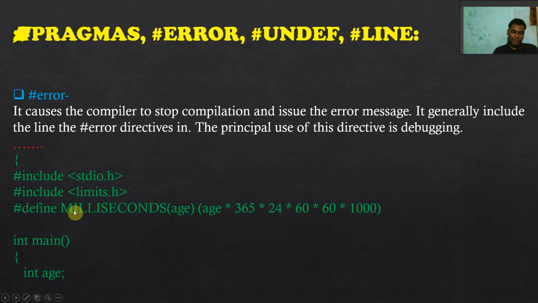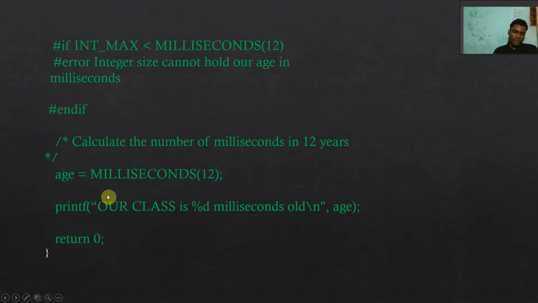If we see an example of this one, we have used the define preprocessor to define a constant. Here we have: if integer max is less than the milliseconds constant, error: integer size cannot hold that many milliseconds. So if this condition is true, it will show the error message, else it will not show the error message and the code will be executed.